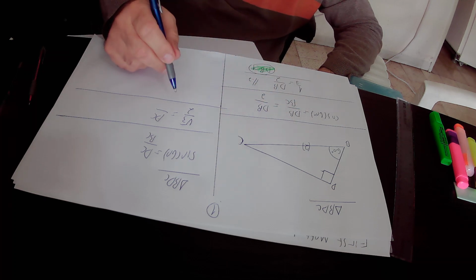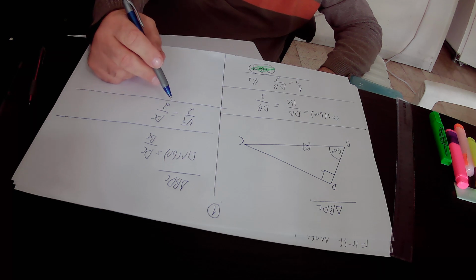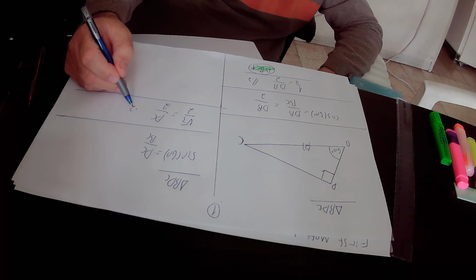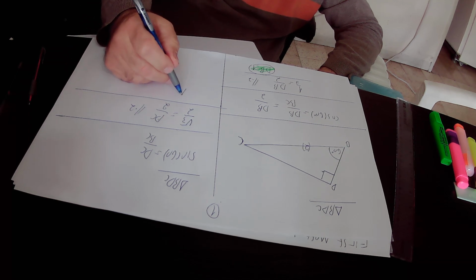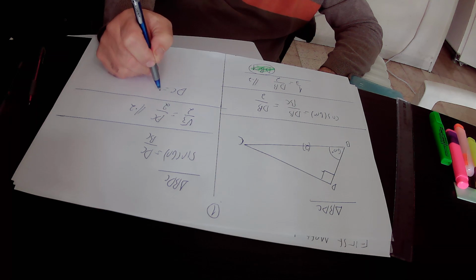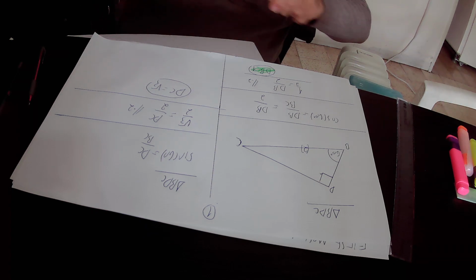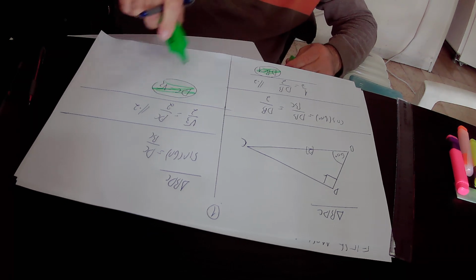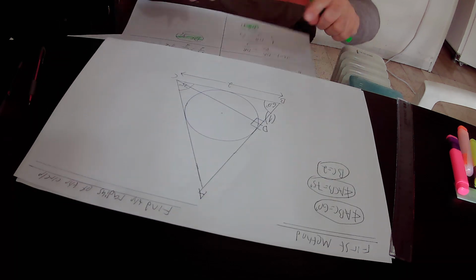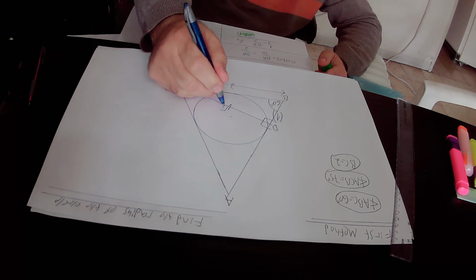And BC is 2, so we substitute BC by 2. In conclusion, square root of 3 over 2 equals DC over 2. Here we will multiply the equation by 2, and finally we get that side DC equals the square root of 3 units in its length.